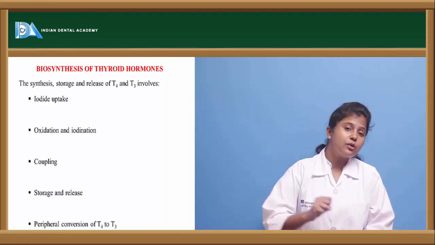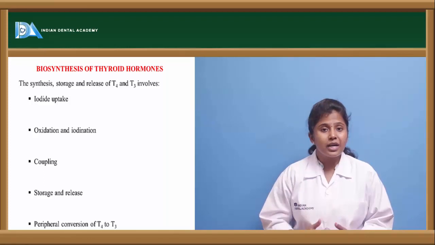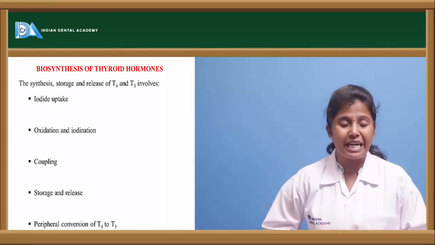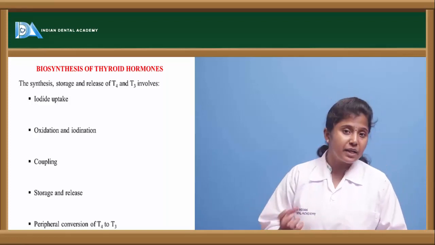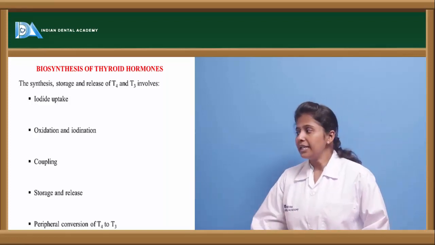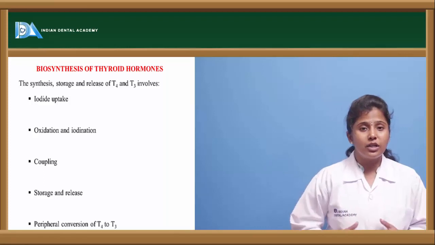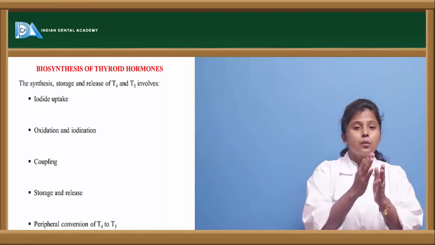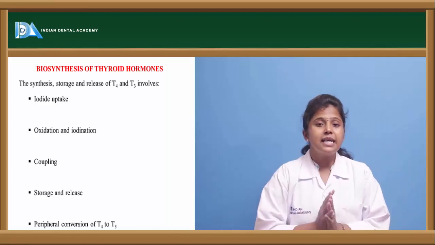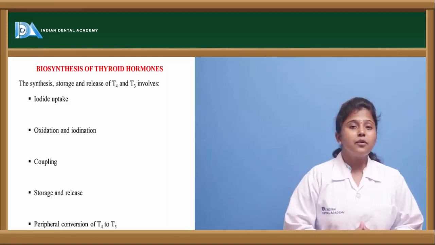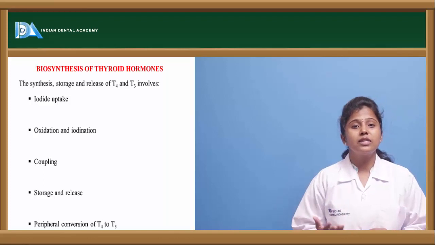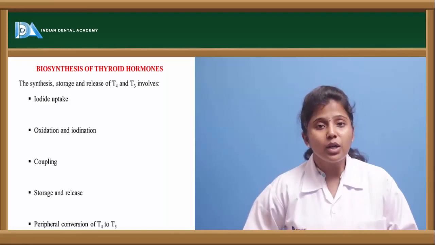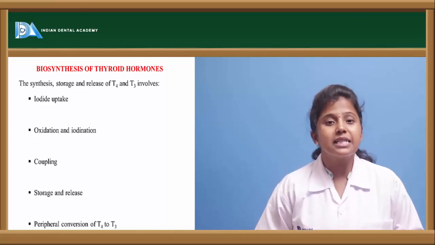First the iodine is taken up through the dietary sources into the thyroid gland, and thereby oxidation and iodination take place. Once the iodine is taken up, it is oxidized with the help of an enzyme called iodine oxidase dehydrogenase, and thereby it is converted to the iodonium ion, that is I+.